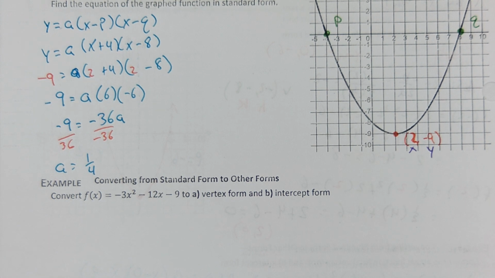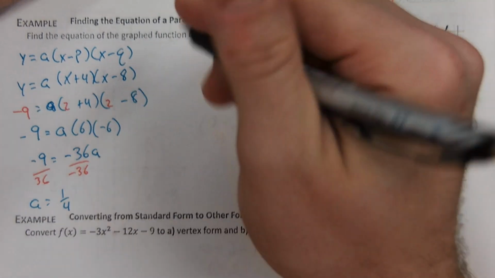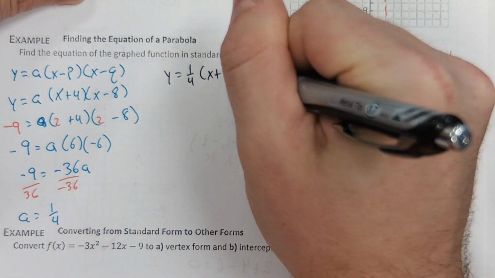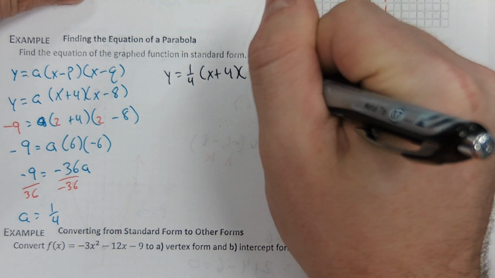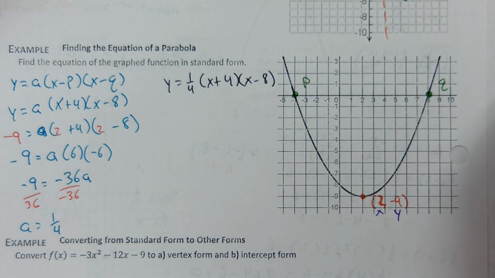We can write our equation in intercept form now. That's great. But our job was to get it in standard form. Guess how we're going to do that?